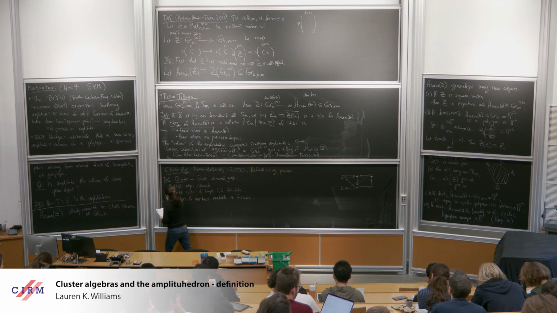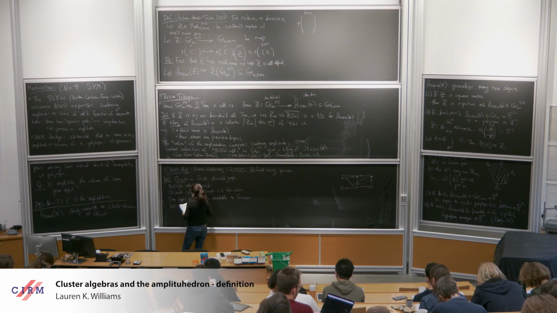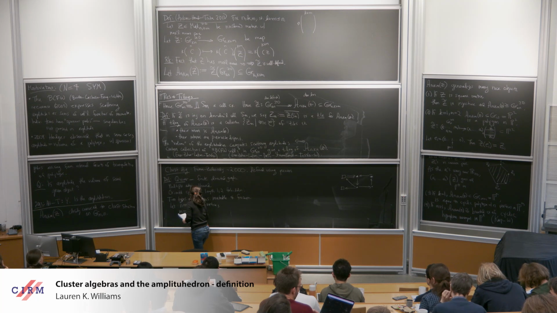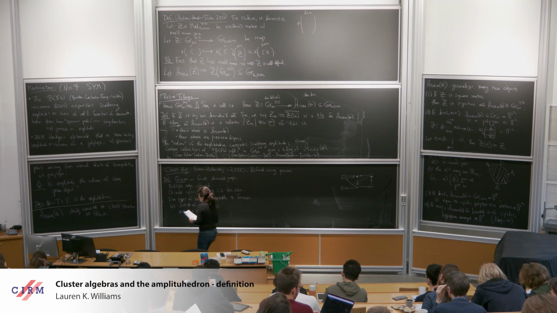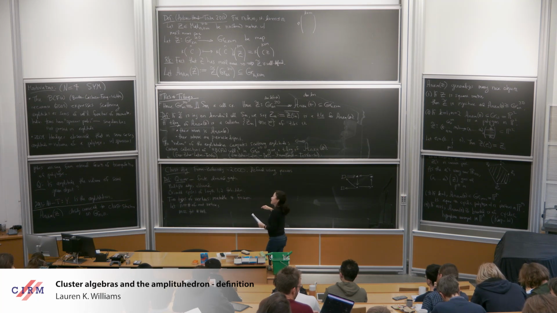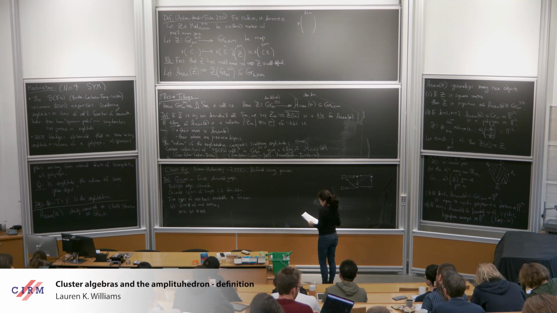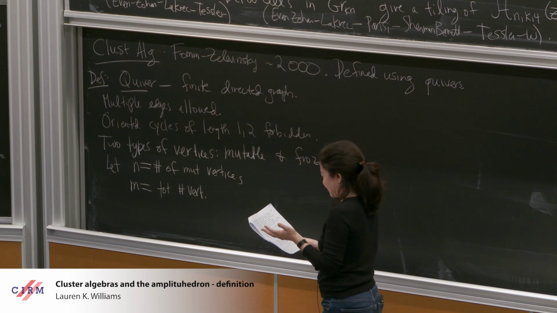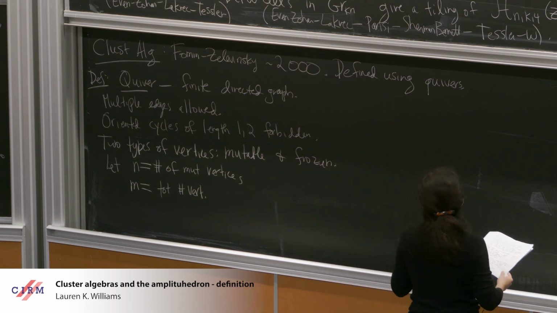N will be my number of mutable vertices. Fomin and Zelevinsky use N and M for the number of mutable vertices and the total number of vertices. This should not be confused with the N and the M of the amplituhedron. I could try switching notation right now, but I'm not sure if I could succeed in carrying it through without a mistake.